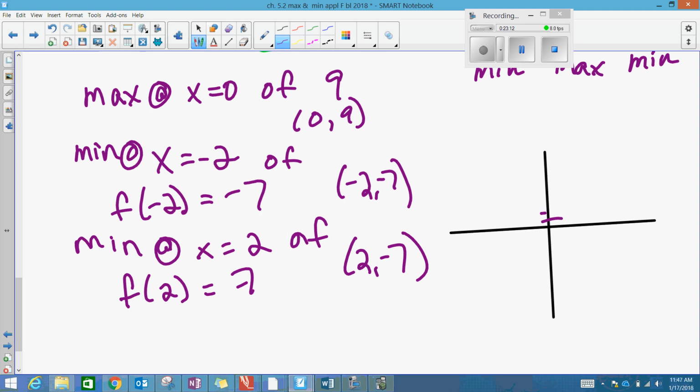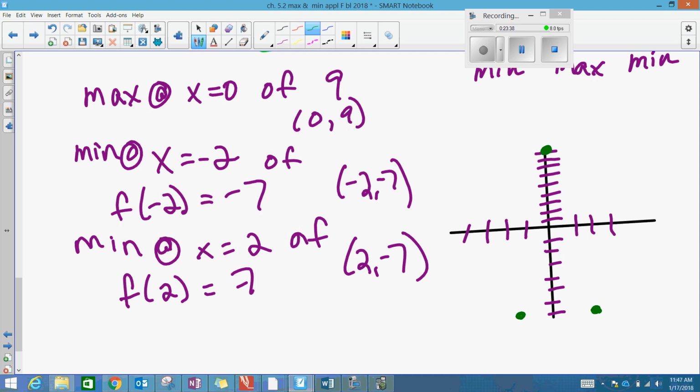So let's go 1, 2, 3, 4, 5, 6, 7, 8, 9, and 1, 2, 3, 4, 5, 6, 7. So again, this is a very crude sketch, but to sketch the graph, these are the points I need. 0, 9, so that's up here. -2, -7.